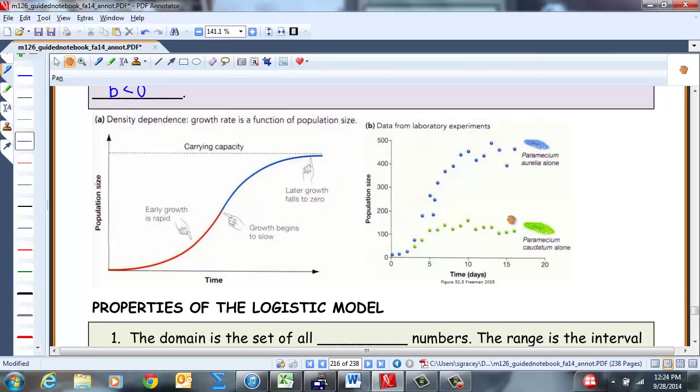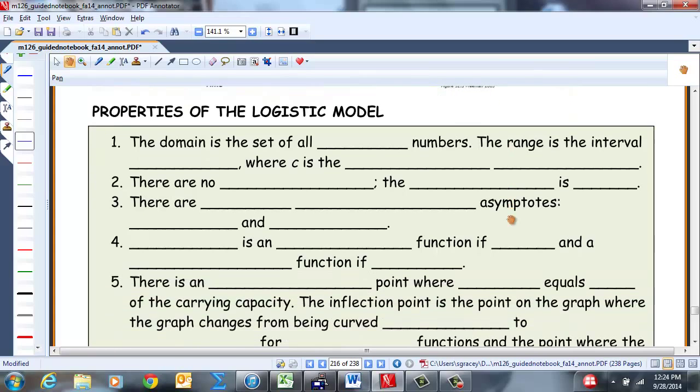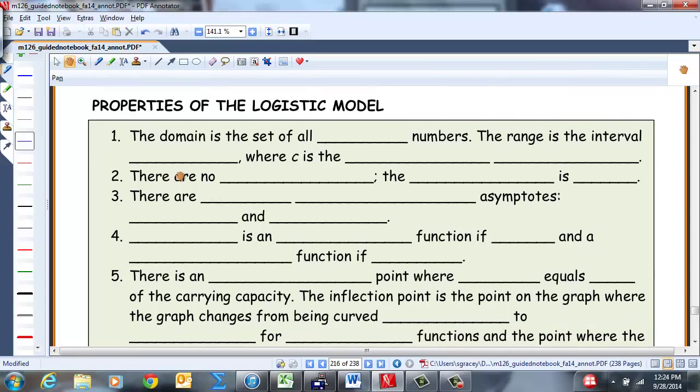Okay, so here are the properties of the logistic model. The domain is the set of all real numbers. The range is the interval from 0 to C, where C is the carrying capacity.